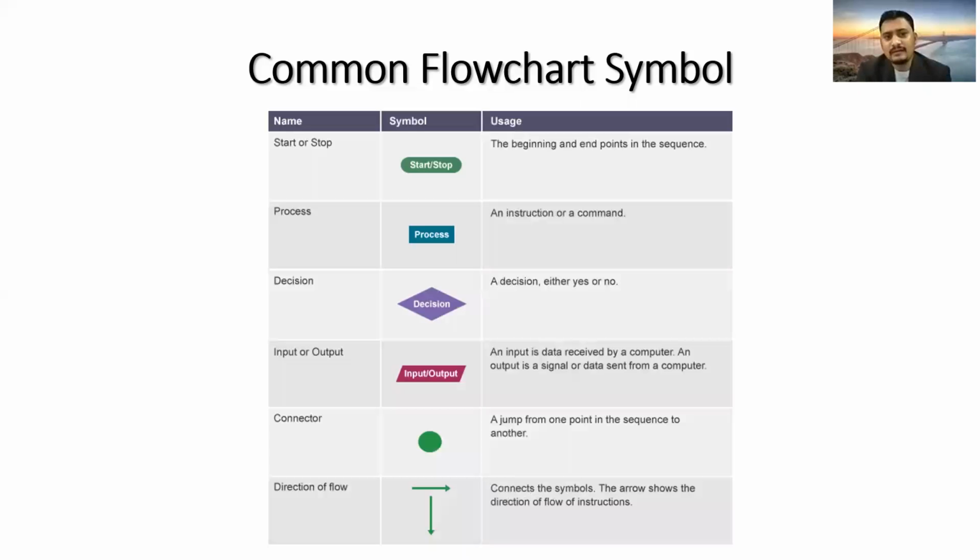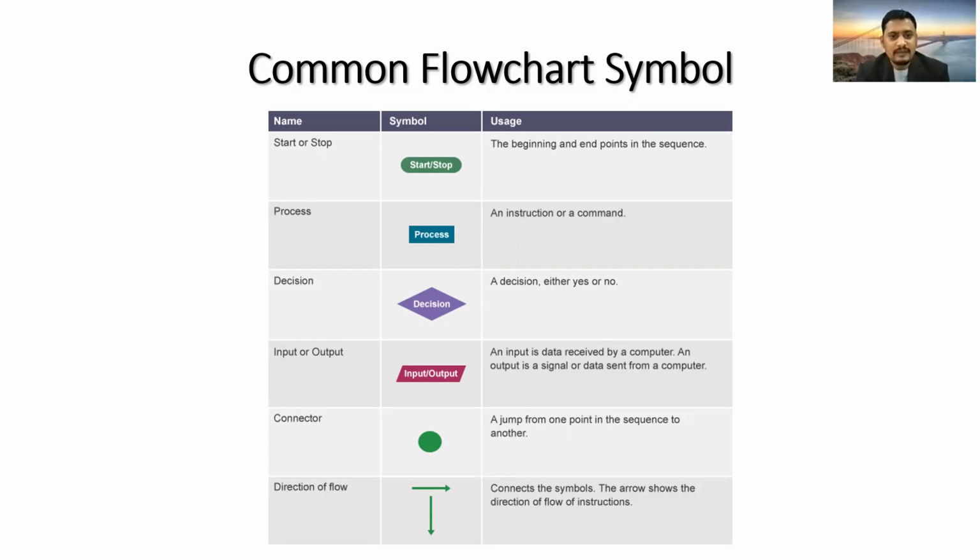Here, start and stop. This symbol is like a rectangle, but a rounded rectangle. This symbol shows the starting point of the solution and the ending point of the solution. That means the starting of the program and the ending of the program.